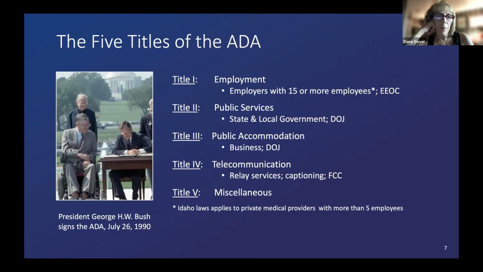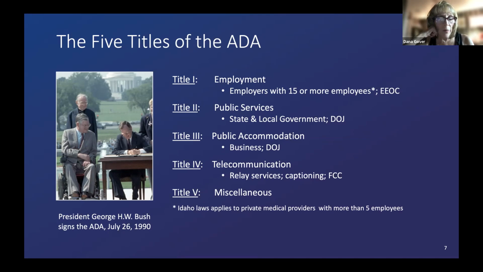The first title of the ADA is Title I. Under the federal Title I, if you have 15 or more employees, you must comply with the employment regulations of the ADA. However, Idaho law applies to private medical providers who have more than 5 employees. And it's not just medical providers.